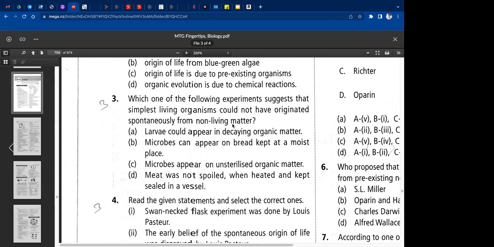Yes, so just to give you a quick background. Remember in NCERT they start with an experiment where people used to think, when the first philosophers came, science started with philosophy, right? So people started asking questions about the natural world. How does life evolve? Or before that, how does life originate? Where does life come from?